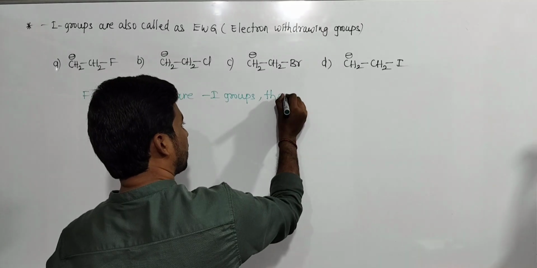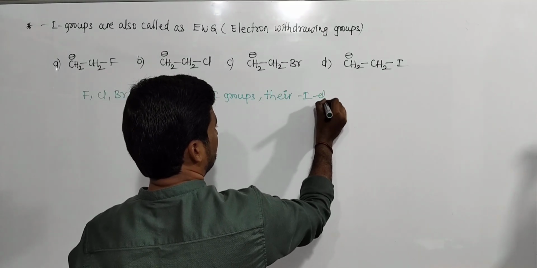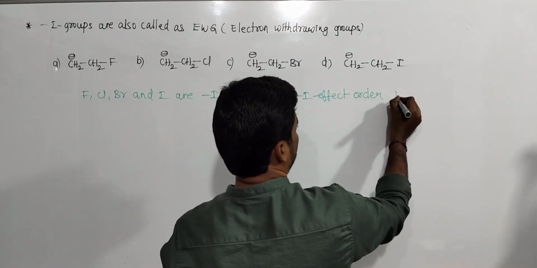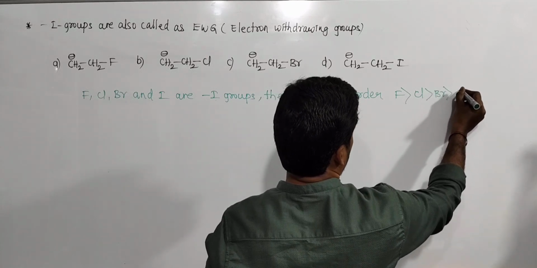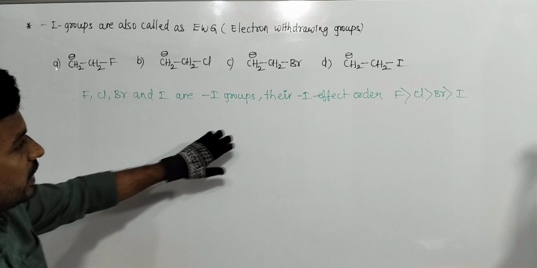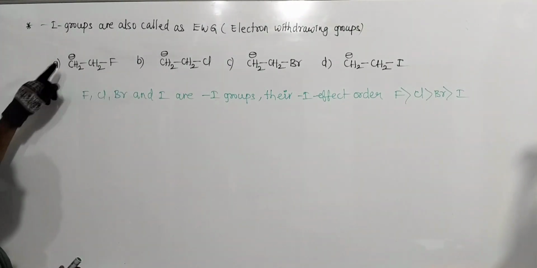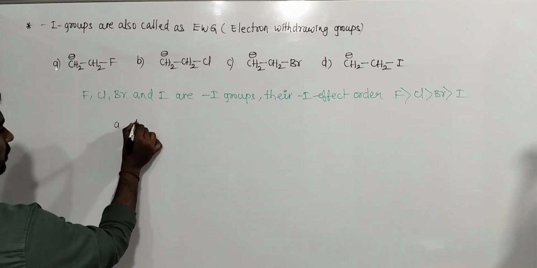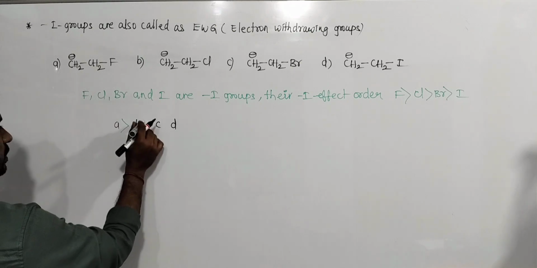Their minus I effect order: fluorine, chlorine, bromine and iodine. Which one is a strong electron withdrawing group? Which one is minus I group? Fluorine. You know minus I groups increase the stability of carbon ion. Between A, B, C, D, A is more stable.